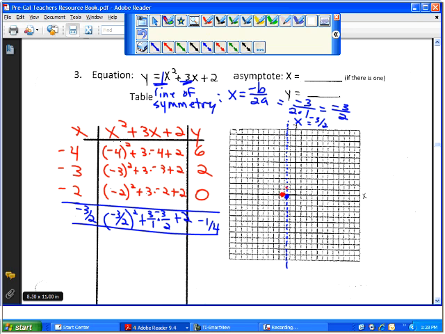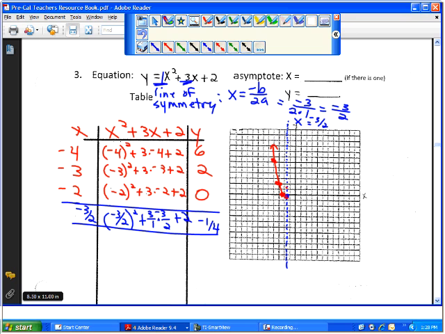Right there, we go. Negative 2, 0. I'm going to have one at negative 3, 2. And I'm going to have one at negative 4, 6. So I've got my line of symmetry, I've got my vertex, and I've got 3 left wing points.